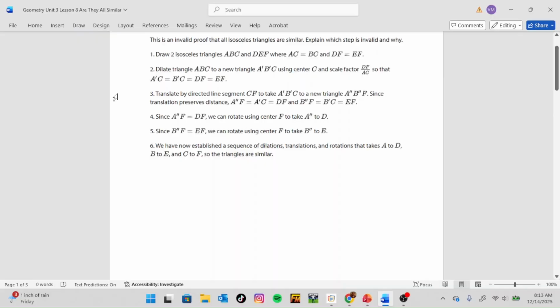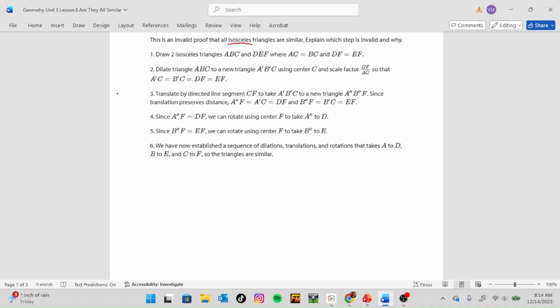Practice problem number 1. This is an invalid proof that all isosceles triangles are similar. Explain which step is invalid and why. So remember that an isosceles triangle simply means that two of the three sides are the same.